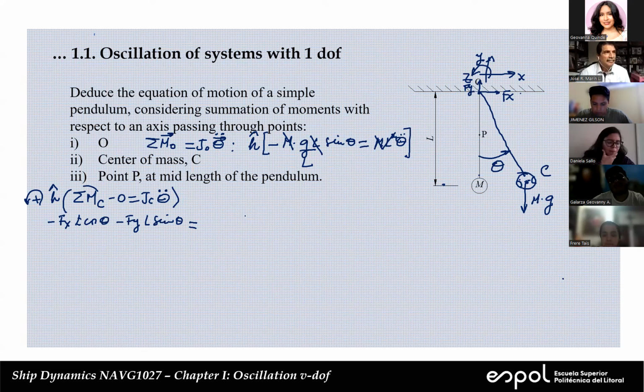It's only M. J sub C is the integral of r squared dm. But remember, the diameter of this little ball is very small, so r squared is very small. In the limit, it is 0.